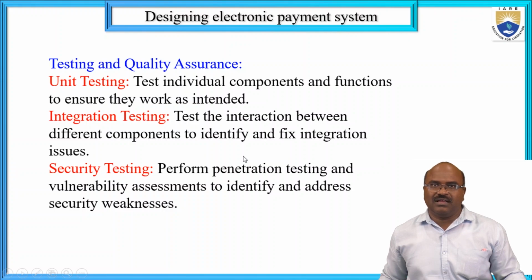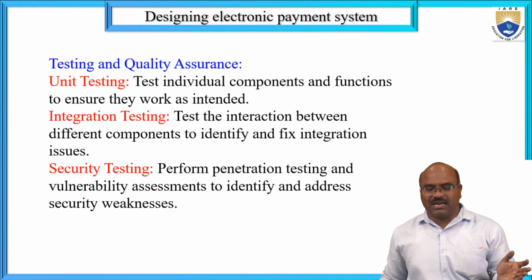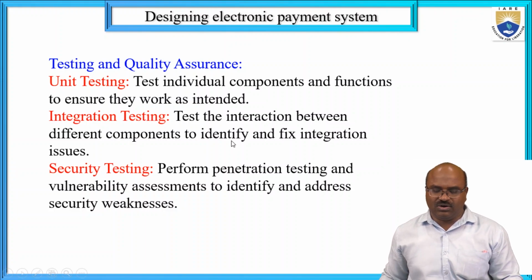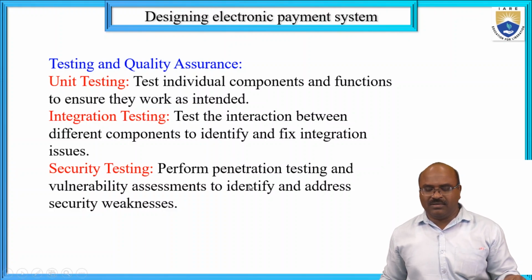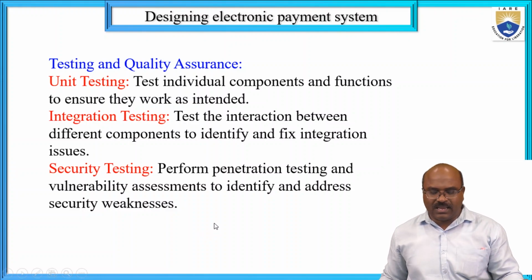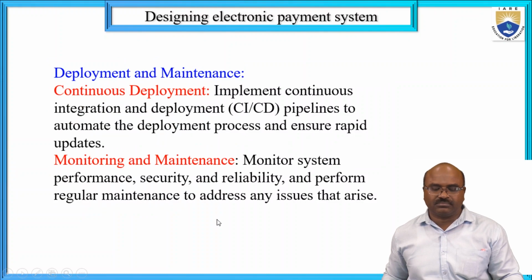Then there is security testing, which covers authentication and authorization. Perform penetration testing and vulnerability assessment to identify and address security weaknesses. That type of testing is called security testing.